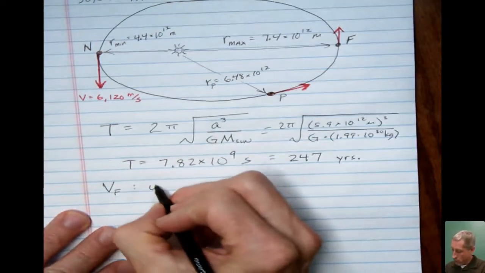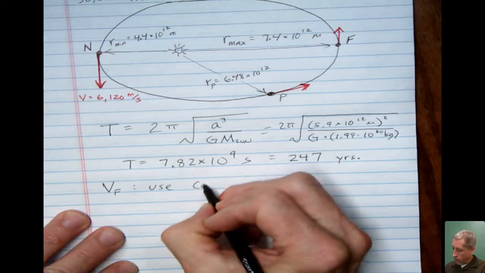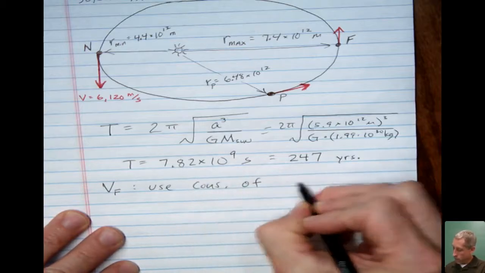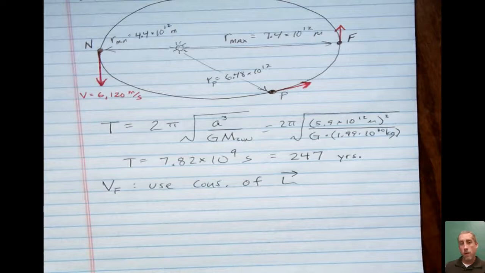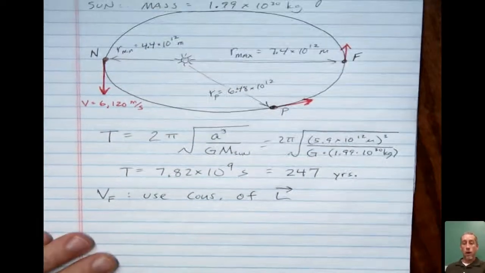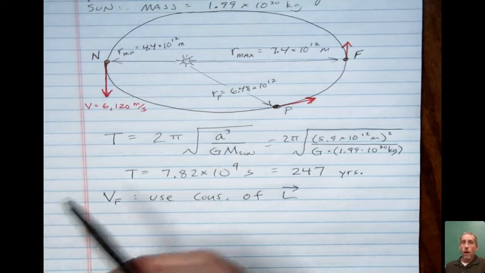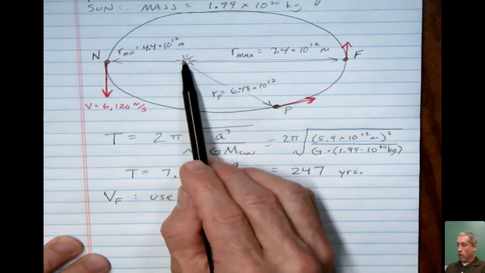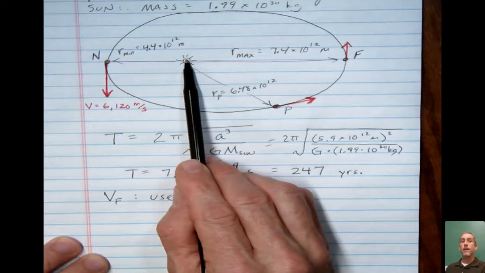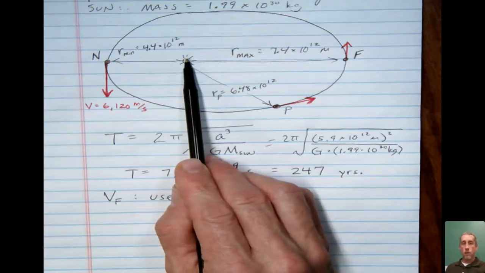We're going to use conservation of angular momentum. I'm going to use the abbreviation for angular momentum, L. This is something you first studied in your rotation chapter. And it says if you can pick an axis around which something is rotating, and I think a natural point here is the sun, that a force caused by that sun cannot torque the system.